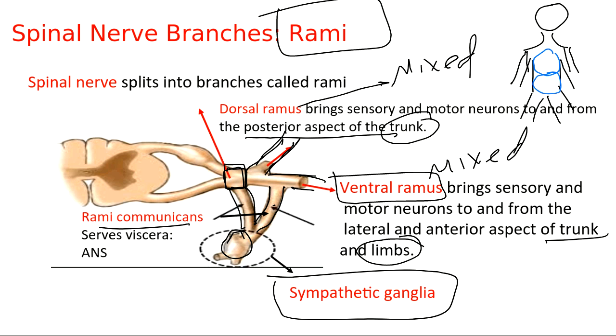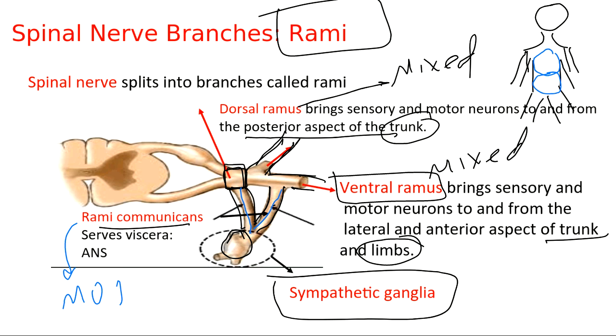When it comes to motor commands going to organs, the ones that are carried out by spinal nerves are going to be sympathetic. So sympathetic motor going to organs is going to travel through the rami communicantes. So the rami communicantes are not mixed branches. These are motor branches.